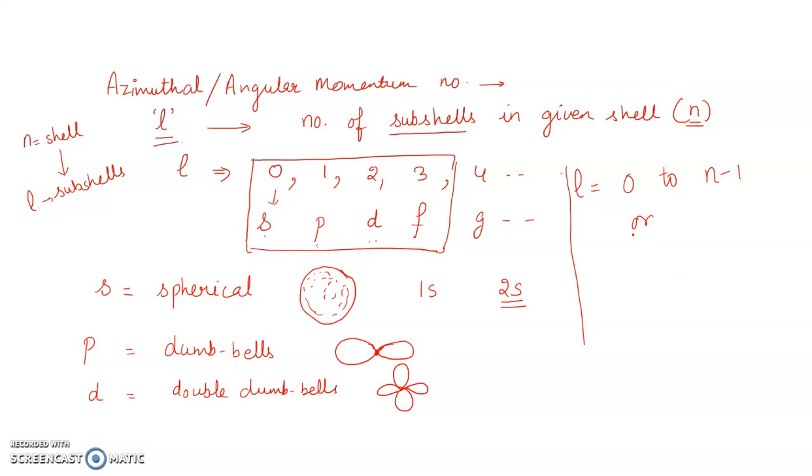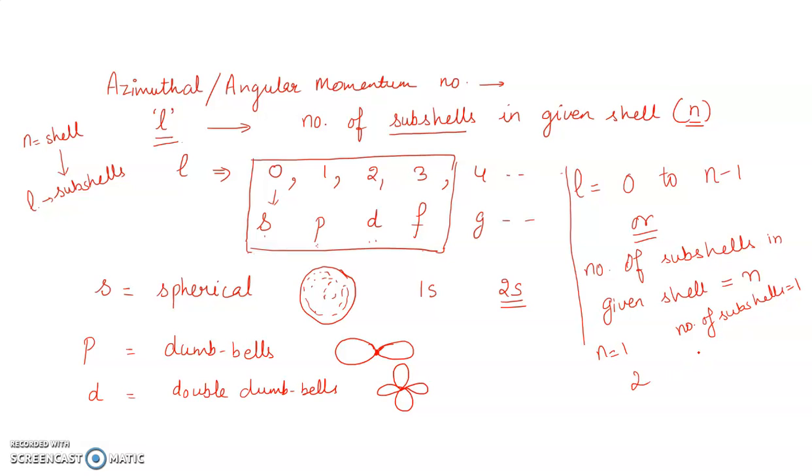Or in other words, we can say that the number of subshells in a given shell is equal to n. Right? If n is equal to 1, the number of subshells also will be 1.